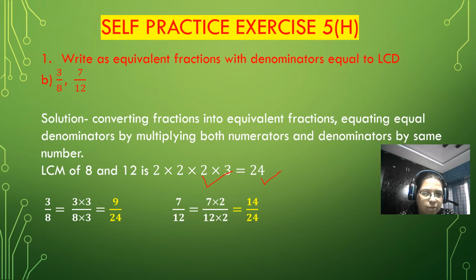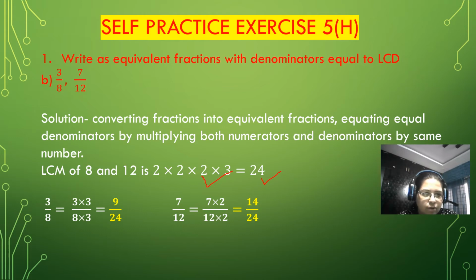Now we have to convert the fraction 3 divided by 8 into an equivalent fraction with denominator equal to the LCM of the denominators 8 and 12, which is 24.